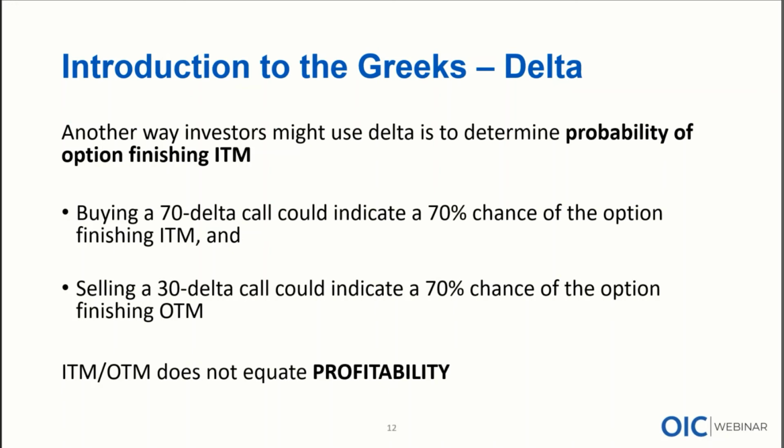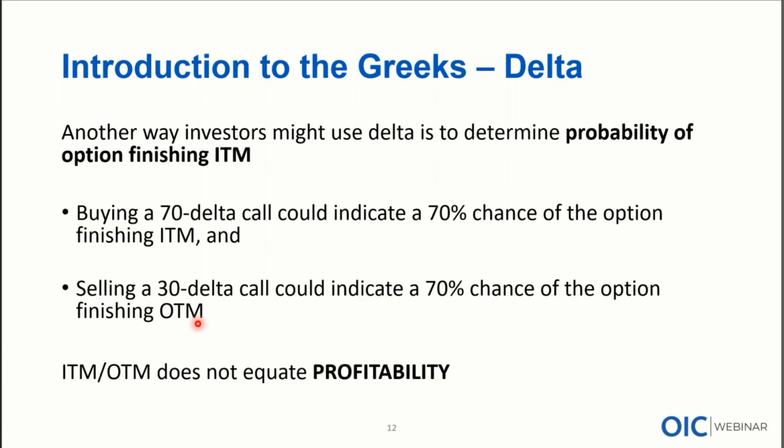It's not exact, but it's generally understood to be an acceptable definition, that a 70 delta call has a 70% chance of finishing in the money, or a 30 delta call has a 70% chance of finishing out of the money. And you can use this perhaps to help you with strike price selection, or at least give yourself a starting point.